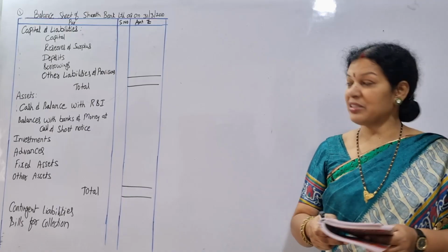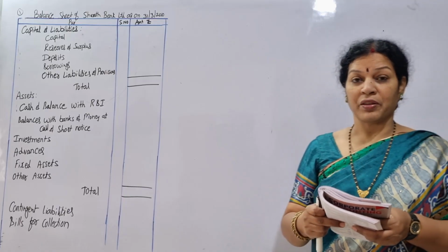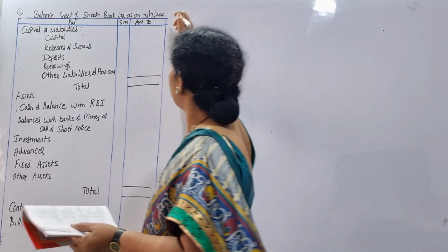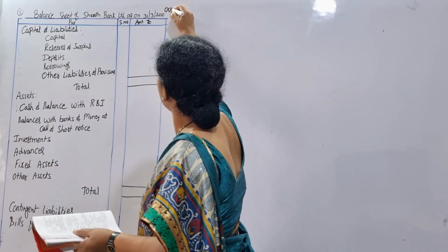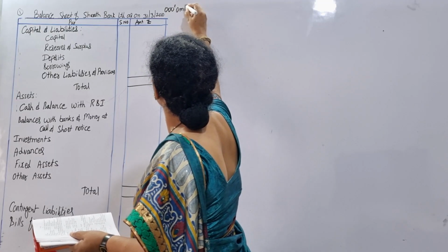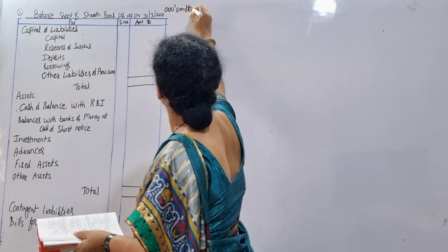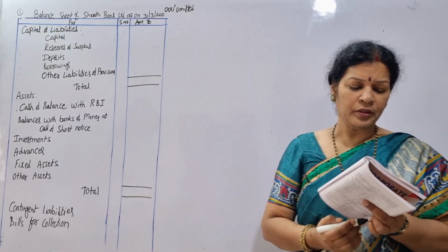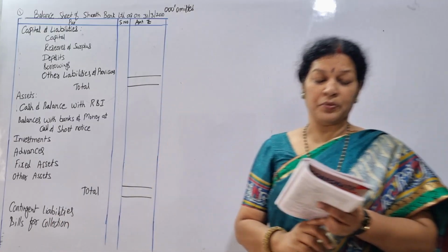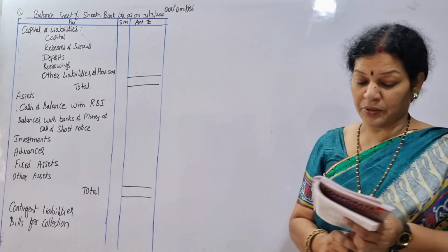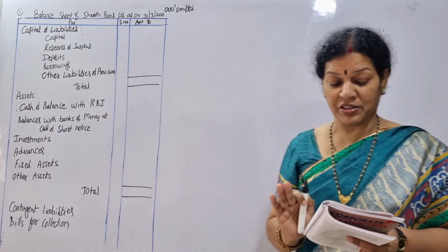Now we'll see first fixed assets. Here 000s are omitted, thousands omitted. Always you have to write that. Now see, first fixed assets. Fixed assets means schedule number 10. How much is it? 565. Not 5,65,000, 565.